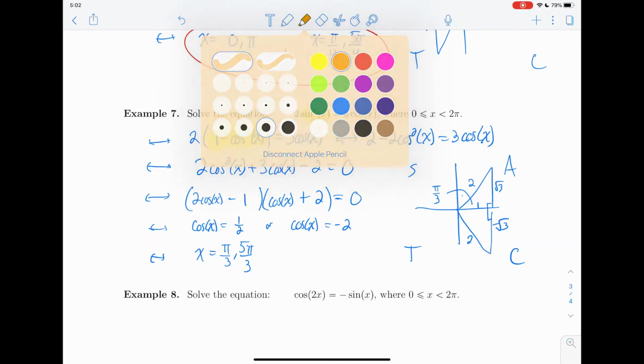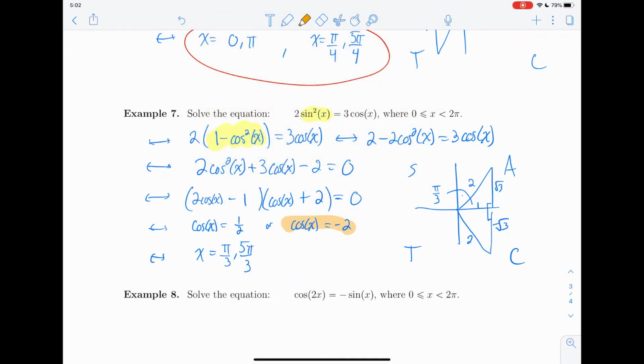But what about this equation? Observe that this equation actually has no solution. This one is a completely busted equation because negative 2 is not in the range of cosine.